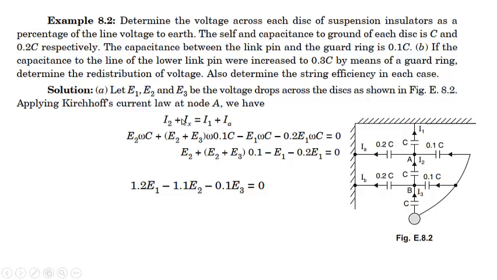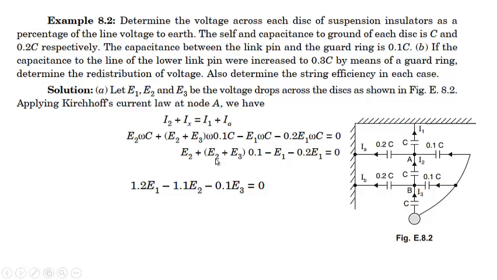That is the KCL written at node A. So it will be equal to E2 omega C, that is this, and this voltage will be equal to E2 plus E3, into omega into 0.1C, that is this, minus, taking them to the left side, this is I1. I1 is equal to E1 omega C, and IA is equal to 0.2 E1 omega C, and putting them equal to 0.